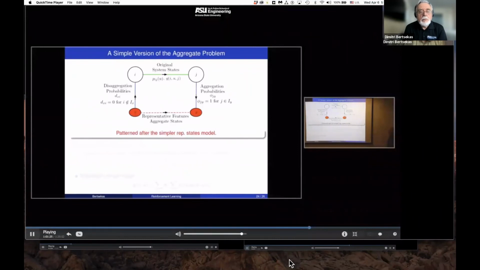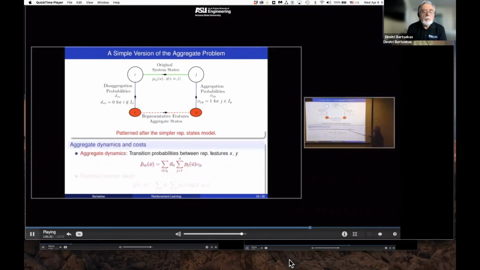The simplest thing to do would be just to mimic the simpler representative states model. In other words, okay, what are the transition probabilities from here to here? Well, there's a certain formula that corresponds to a given u for each pair x, y, okay? This is just the multiplication rule of probabilities.